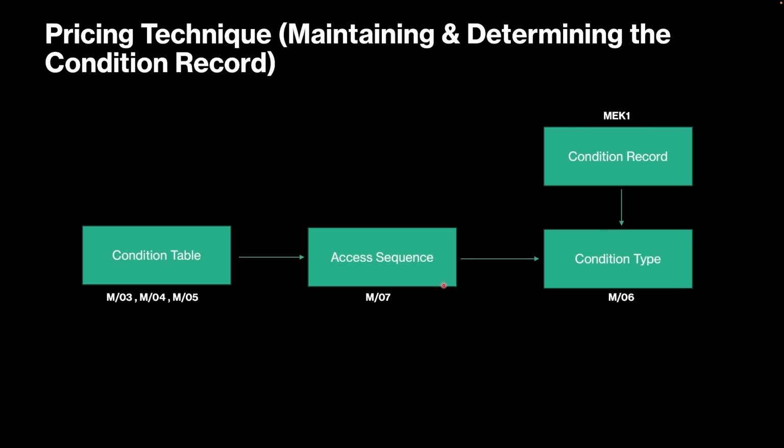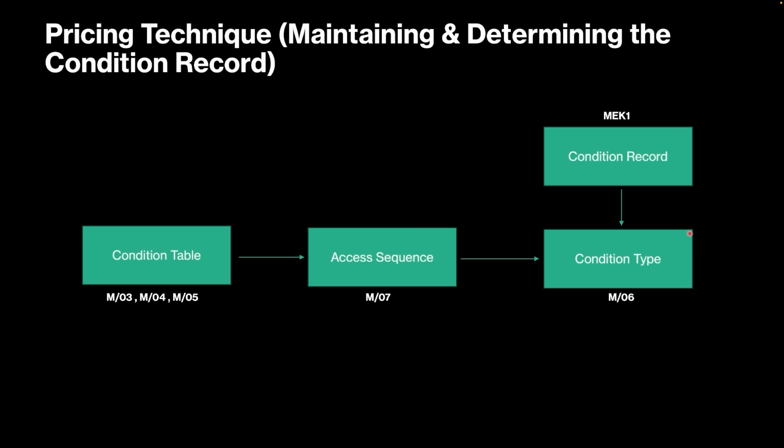So you can see you have this condition type against which you will maintain this access sequence. This access sequence will contain a list of condition tables. When you maintain the condition record, you maintain it against these tables only. And when you retrieve the condition records, this retrieval process happens through this access sequence.